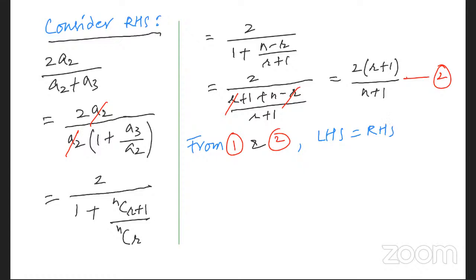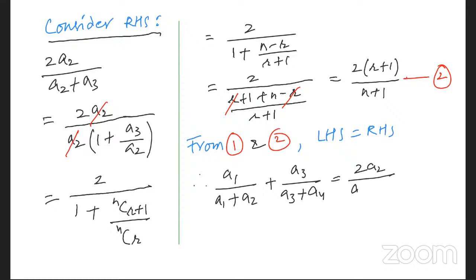Therefore, a1/(a1 + a2) + a3/(a3 + a4) = 2a2/(a2 + a3). This is the end answer.